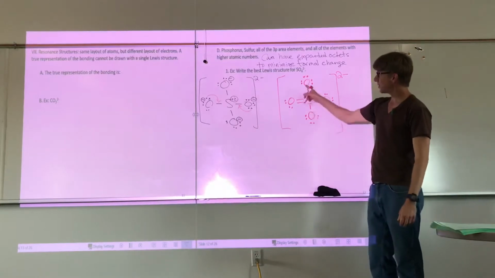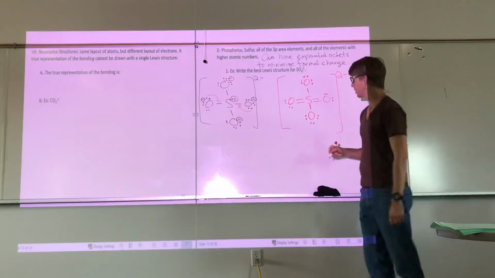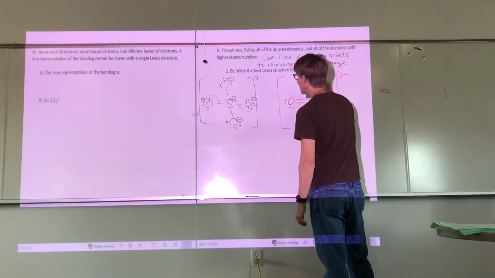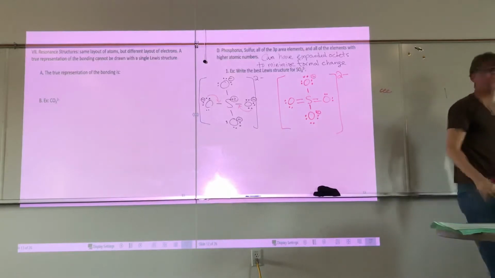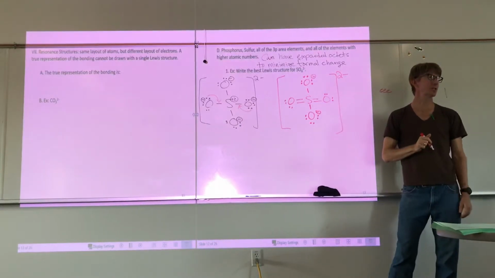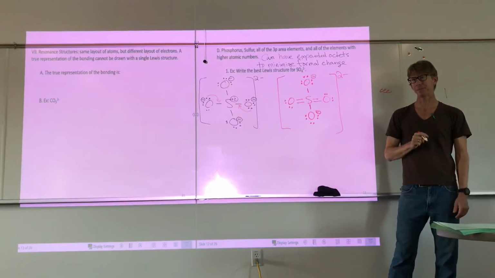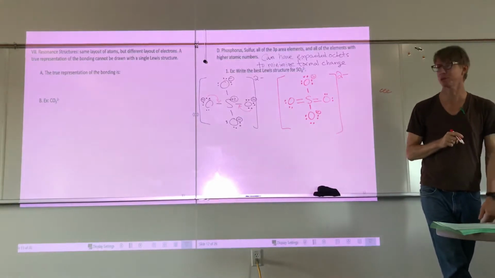Since these two oxygens have not changed, they still have the same -1 formal charge. And if we do an analysis, the oxygen here and the sulfur will all have 0 formal charge. You don't have to note that. You will only have to note, and it will say this, "note all non-zero formal charges."